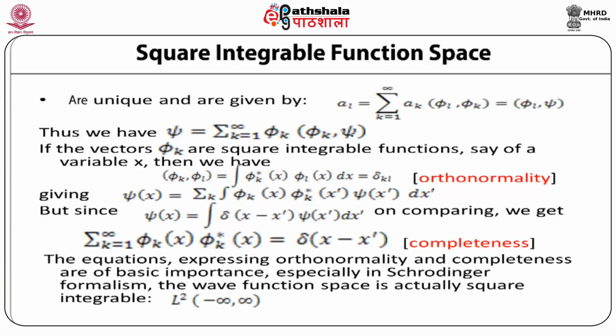Here delta x minus x prime is equal to 1 for x equal to x prime and is equal to 0 otherwise. The equations defined above, which express the orthonormality and the completeness conditions, are of basic importance, especially in Schrödinger formalism, with the wave function space being actually square integrable, that is L square within brackets minus infinity comma infinity. Properties of linear operators.